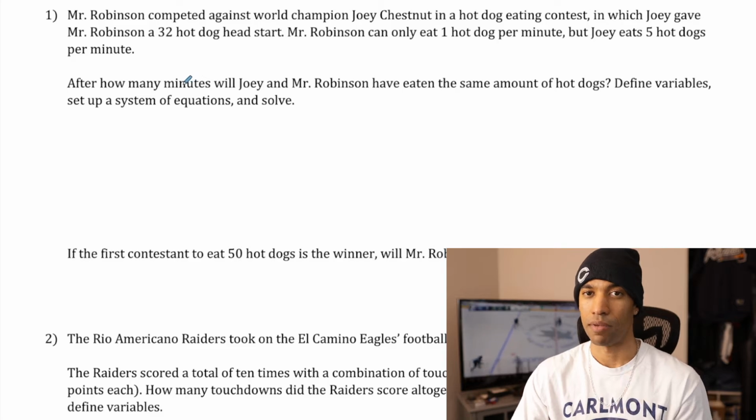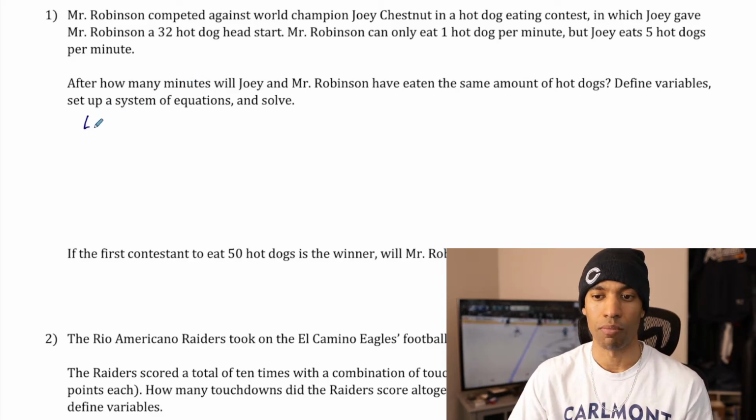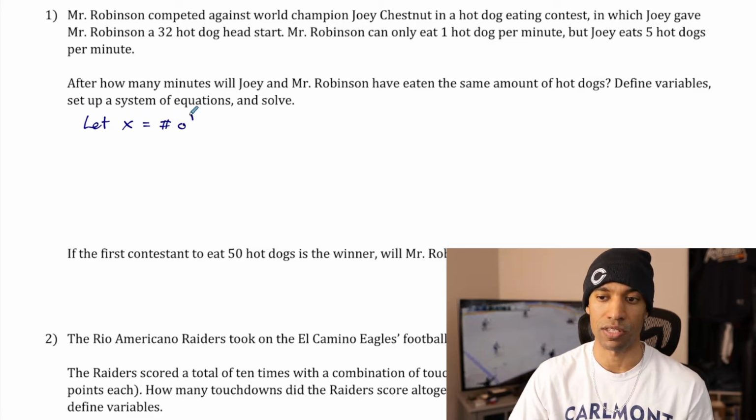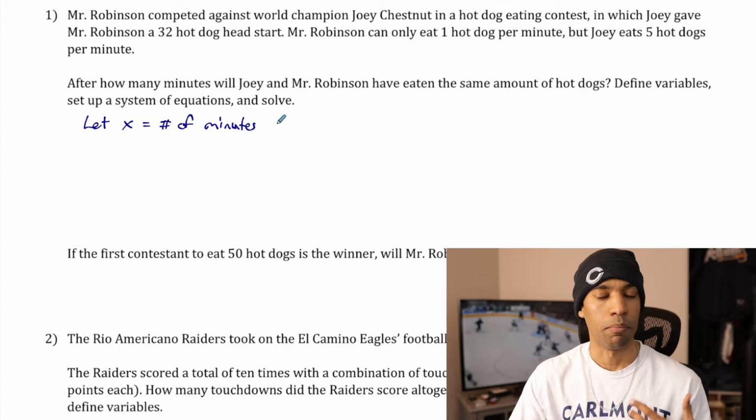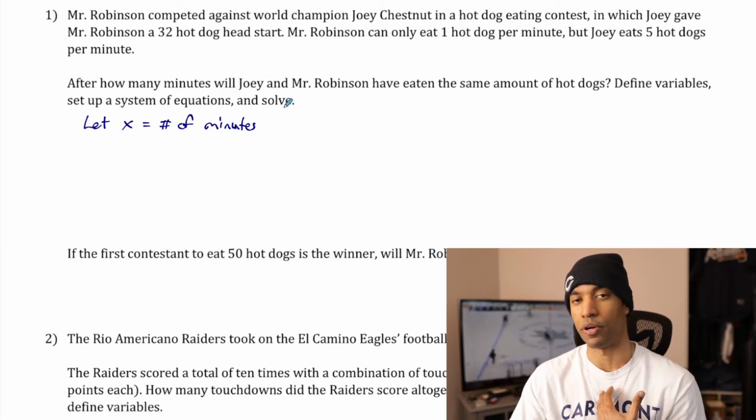So time is an important thing here, and that's generally an x, an independent variable. Remember, it's dependent on time. So we're going to let x equal the number of minutes that have gone by, since Joey's eating his hot dogs technically because of my 32 hot dog head start.